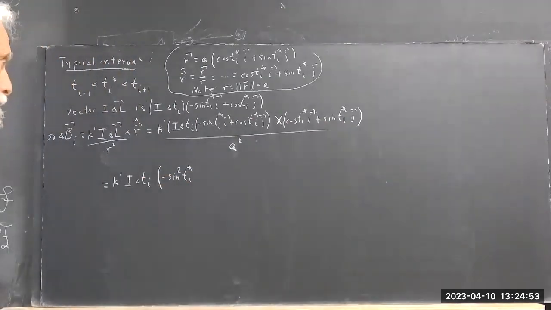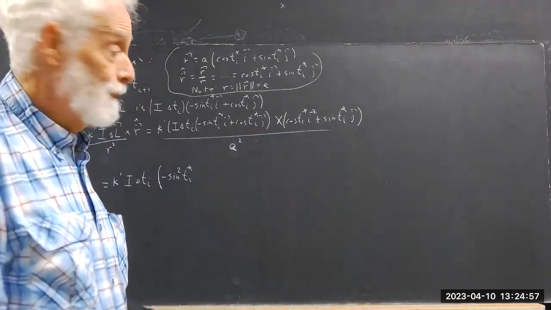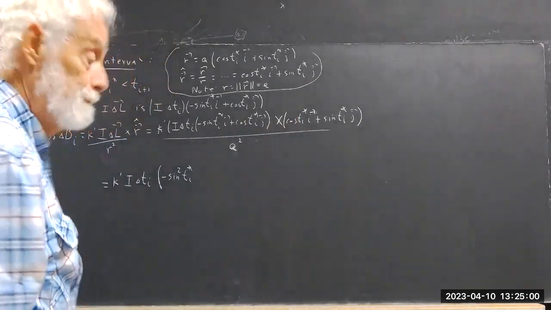The negative sign squared. And J cross I is negative K. So that gives me a negative cosine squared.